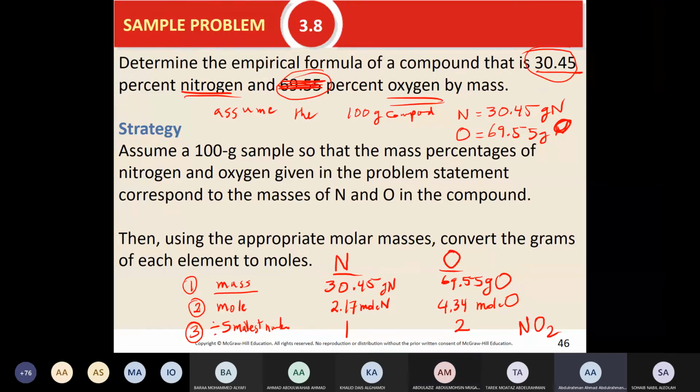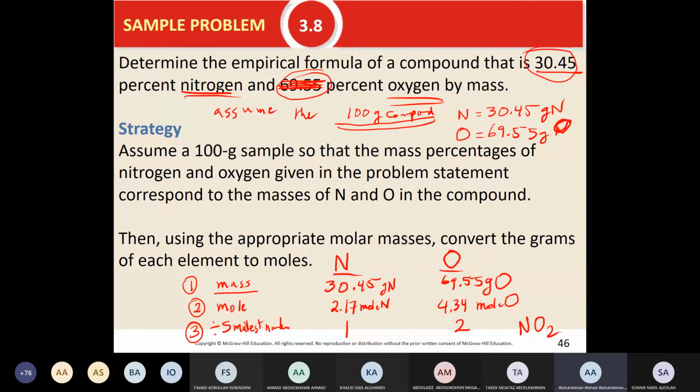Doctor, I have a question. Yes. How did you convert the percent to gram? Because I assume that I have 100 gram. So always I assume 100 gram of the compound. Or you can assume that you have 1 gram and then you'll have everything in point something.